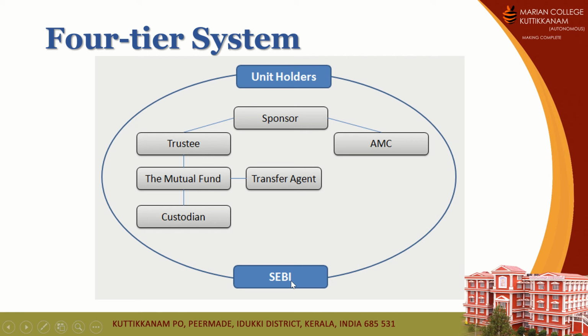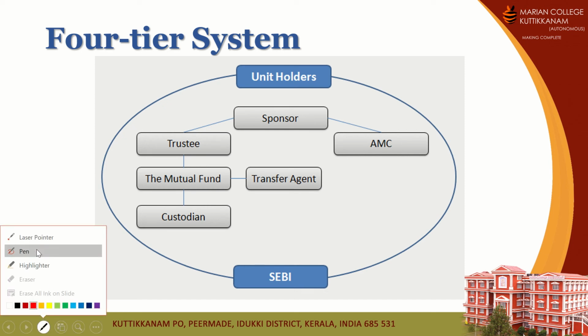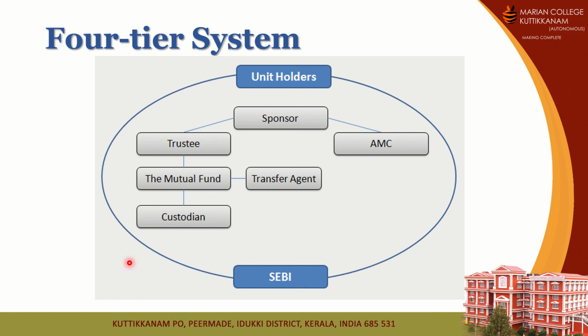All these tiers of the structure of mutual funds focus on SEBI regulations. They all perform their functions according to the SEBI regulations regarding mutual funds. We'll discuss each component of this four-tier system one by one.